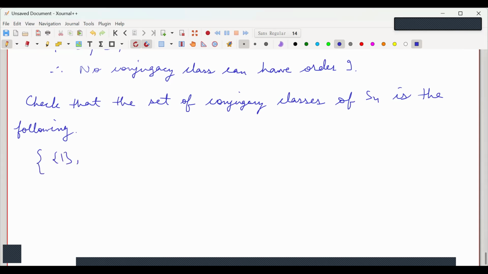Identity will come as it is. Now all two cycles will form one conjugacy class: (1 2), (1 3), (1 4). How many two cycles are there? 4 choose 2, which is 6, right? (2 3), (2 4), and (3 4).